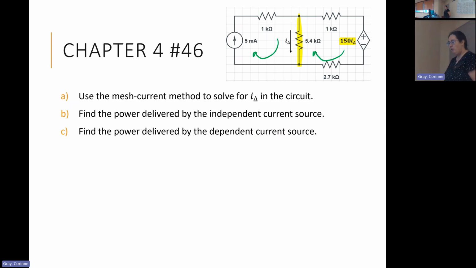So what do we want to call the left mesh current? Sure. Then what do we want to call the one on the right? You can call them whatever you want as long as you're consistent.